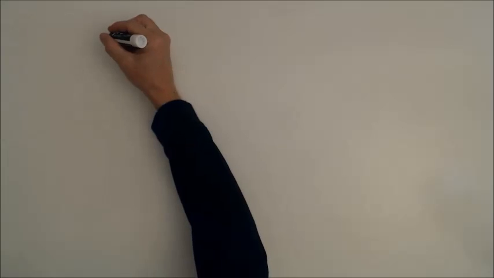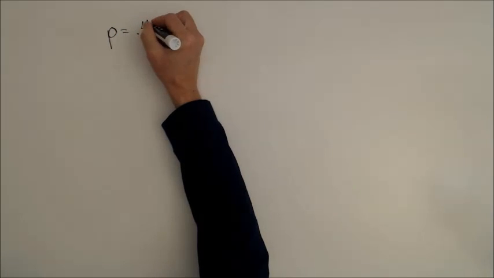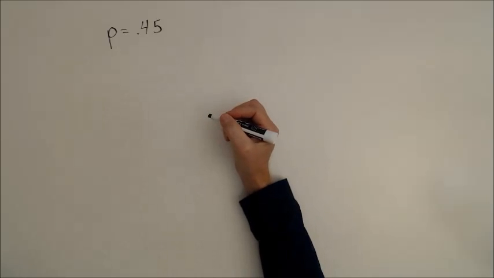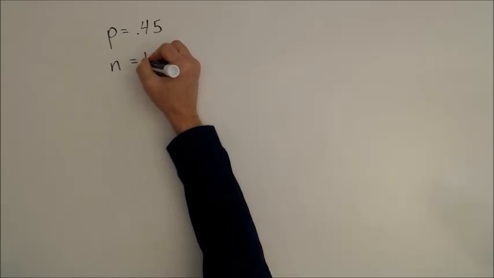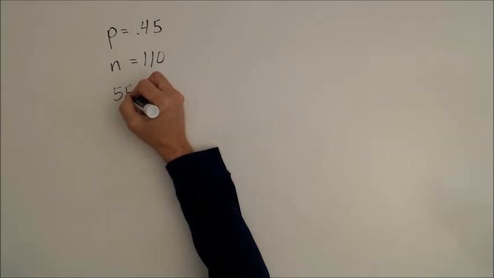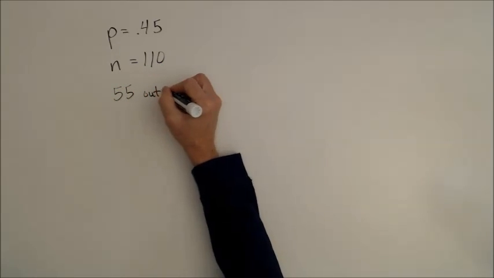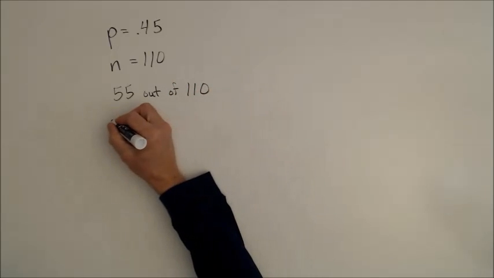In this problem, it suggests that 45% of the American population have brown eyes. If we consider a sample of size 110 and find that 55 out of the 110 have brown eyes, then this is our sample proportion.